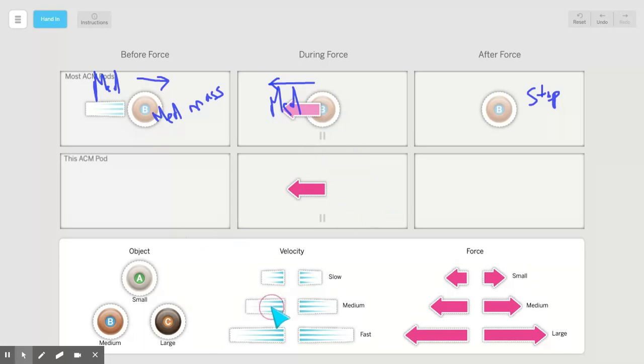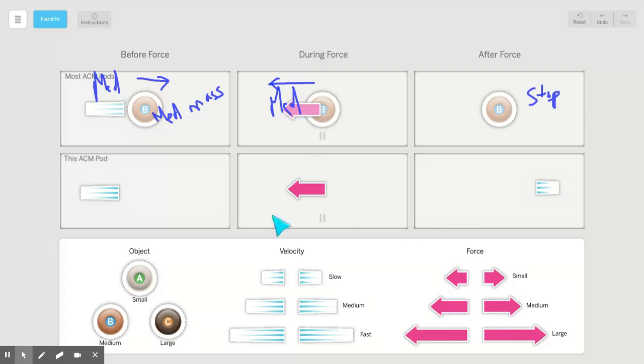And we know that the initial velocity of this pod is the same as all other pods. And we know that the pod had changed direction in the end. And we've talked about when things change direction, they also slow down. So we're going from a medium down to a slow, but going in the opposite direction.